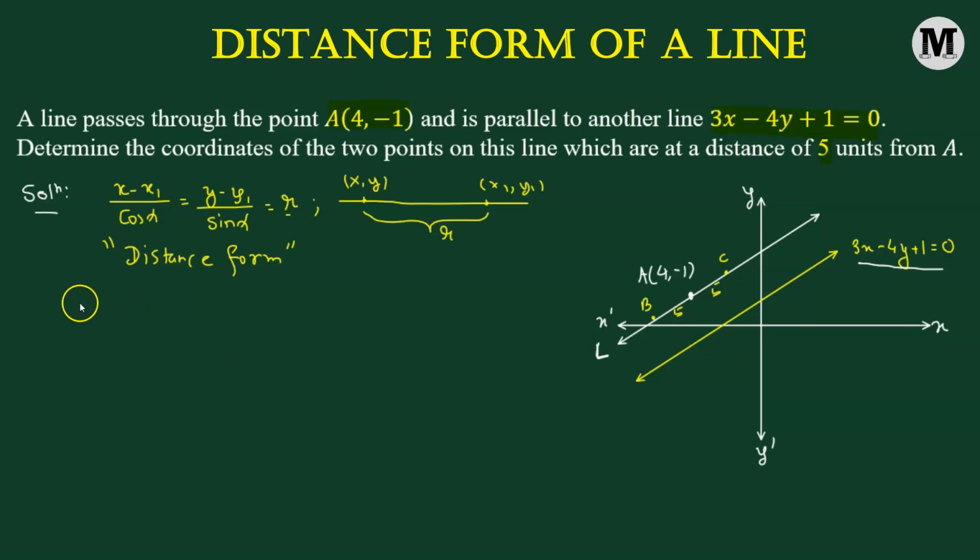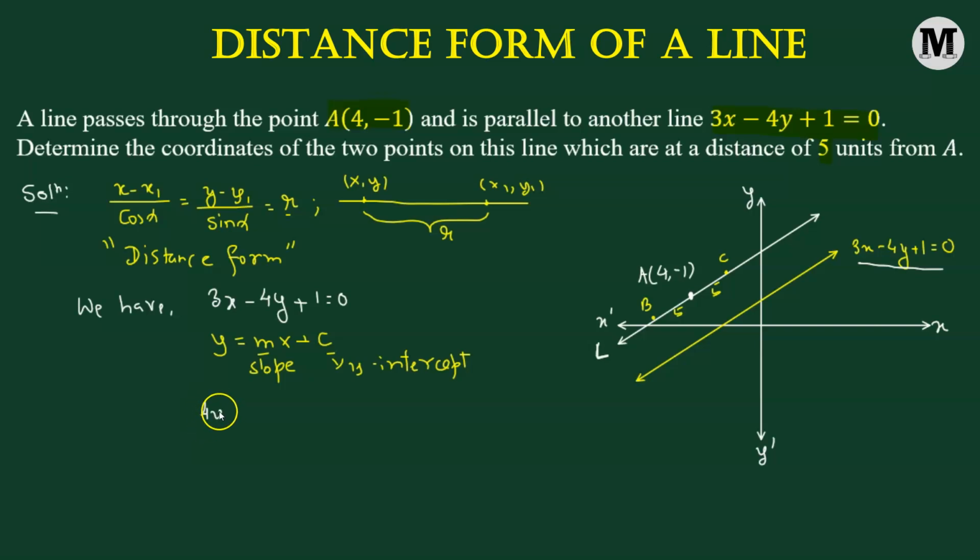So we're going to rewrite this equation in the form y equals mx plus c. Here m is the slope of the line and c is the y-intercept. However, we don't need the value of the y-intercept here. We only need the slope value.